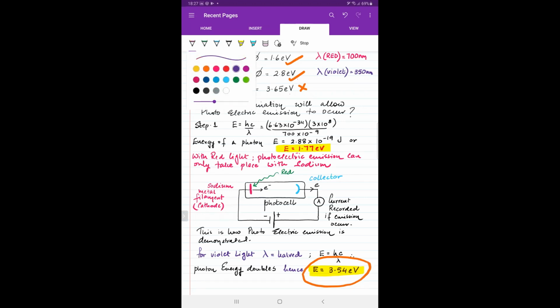So with regards to violet, I think मेरा ये आंसर violet के लिए आपको reasonable sound करेगा.